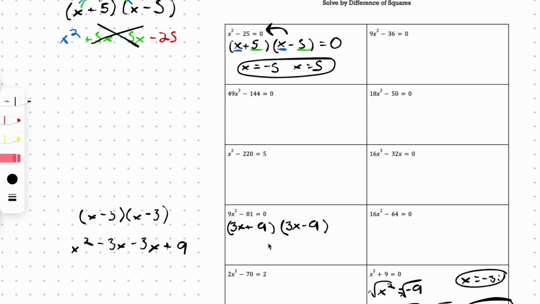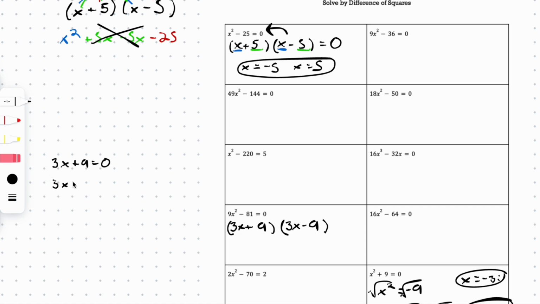So we set both of those equal to 0. And we get, well, maybe I should write this out in this case, just so I can show you. Okay, so 3x plus 9 equals 0.